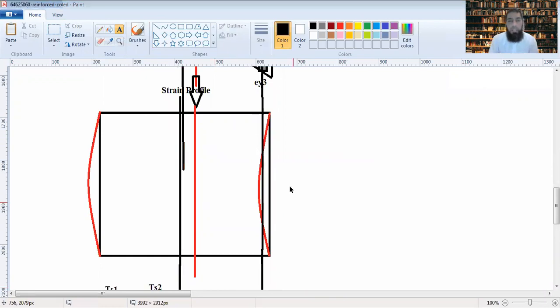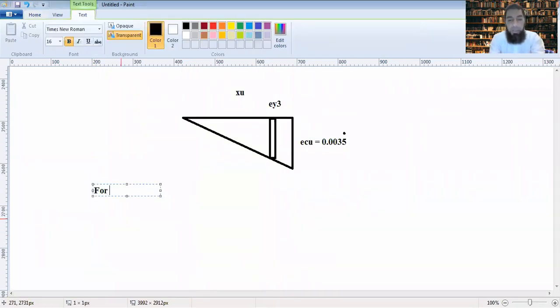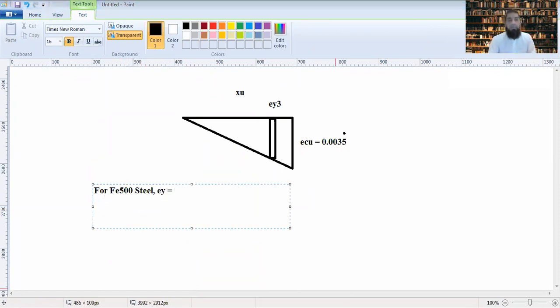Now, in order to determine that, first of all, for Fe500 steel, what would be EY? What would be the value for Fe500 steel? What is EY? Can you tell me how to determine that? Yes, any one of you?